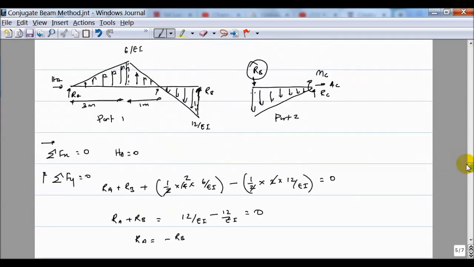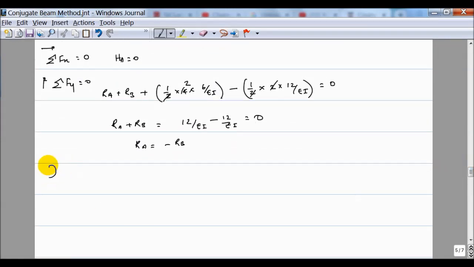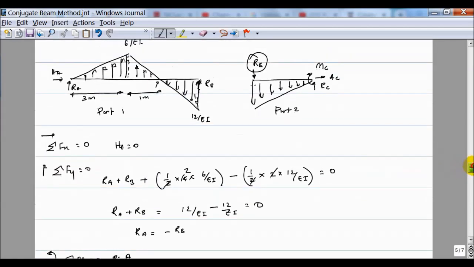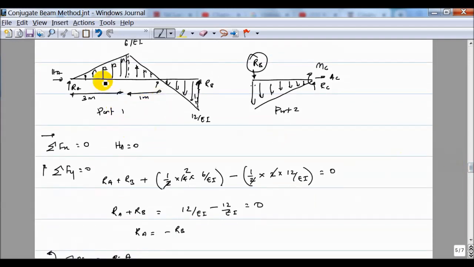Now we need to find RA so that we can find RB. Most probably you'll find this one is equal to 12 over EI, but let's work it out. Now if I take moments about A, the sum of all the moments is 0 at A. This triangle is going to have an upward force, and the most difficult task is where the force is acting.